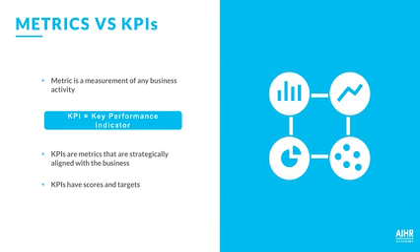And KPIs have scores, how well are you doing on a KPI, and KPIs have targets, how well do you want to do or do you strive to do on a KPI. So this means that KPIs should be specific, measurable, attainable, result-driven and time-bound. So SMART. As I said, we can talk a long time about different metrics, but that's not really interesting. I'll link to a few articles on metrics in the description.